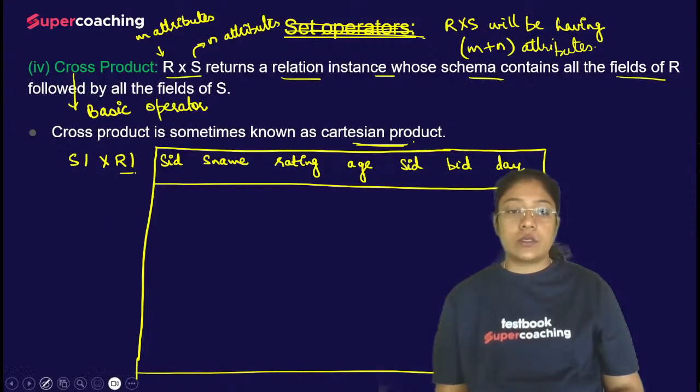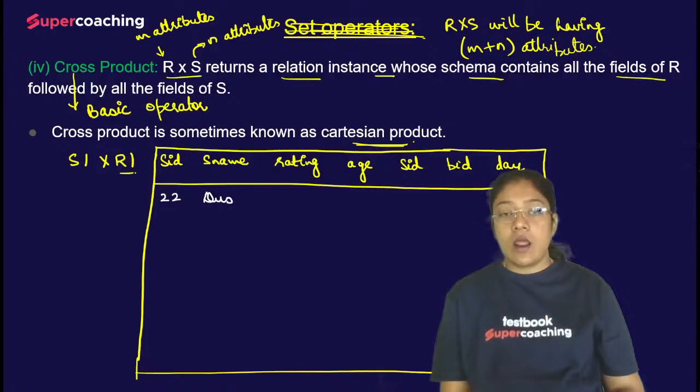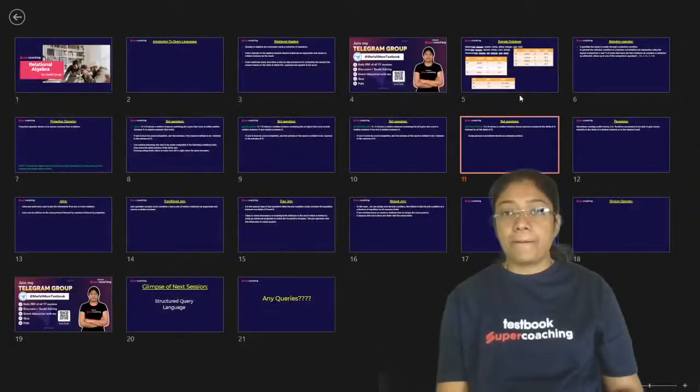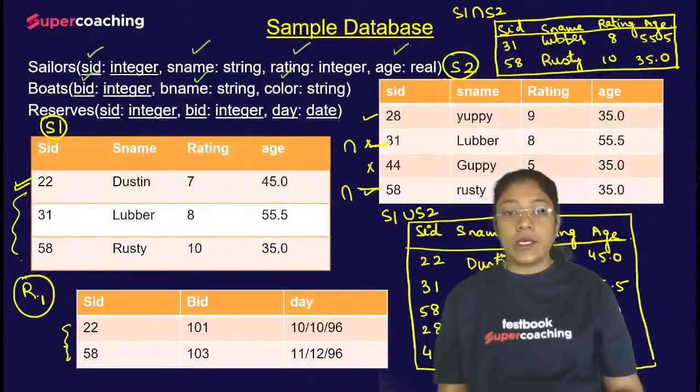So the first row is having the entries like 22, Justin, and its rating was 7 and age was 45.0. SID and boat ID, it's 22, 101, 10, 10, 96.